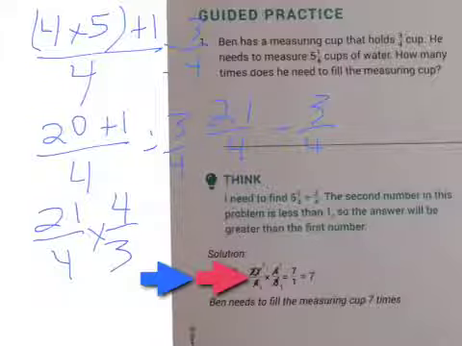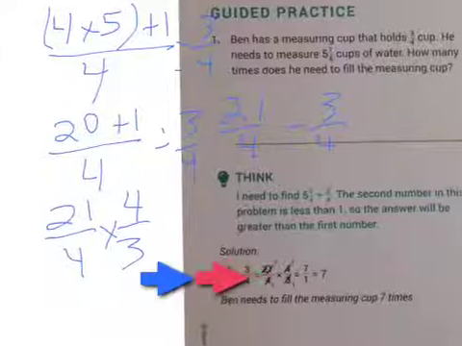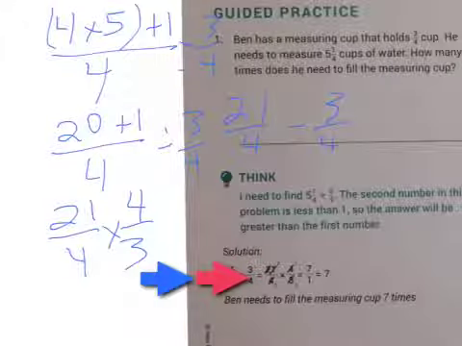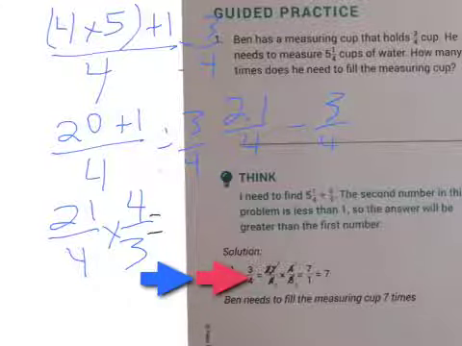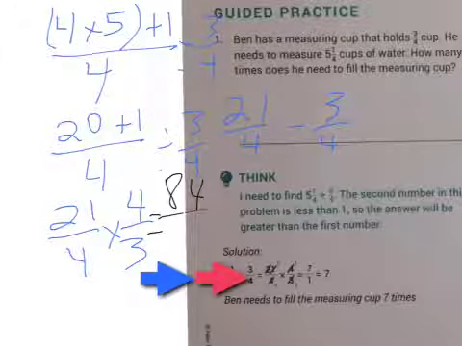Now the other way we can multiply this out is we can just go ahead and say, okay, let's look at 21 times 4. And that is going to give us 84. And so we're going to have 84 over 12. Woo, it's kind of a big number there.